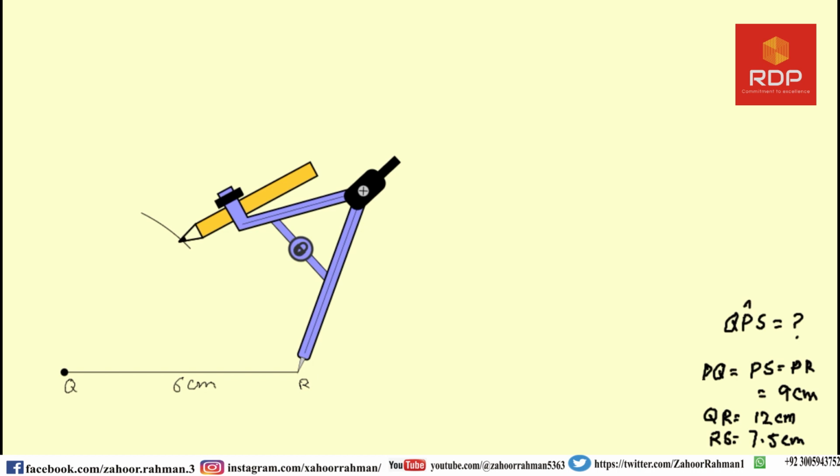So these three, PR and PS and PQ, are equal.